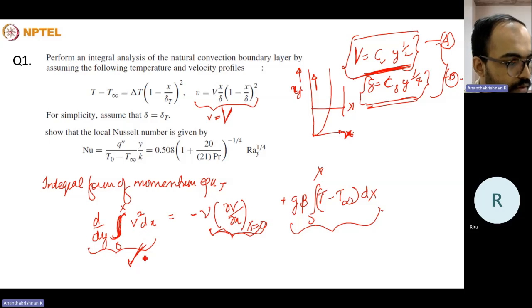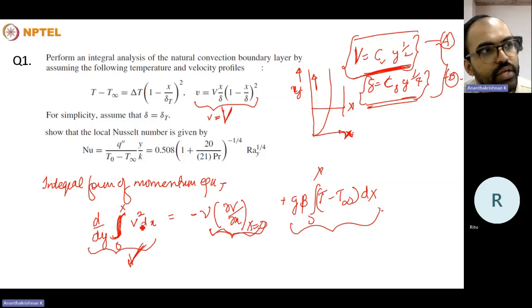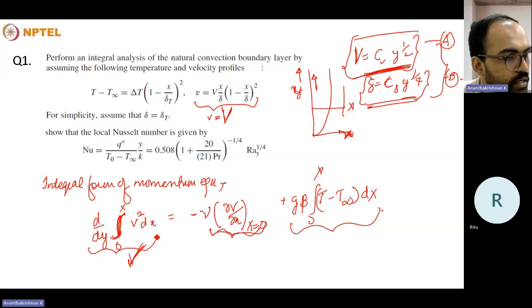We have seen how to obtain the v squared term: you multiply the continuity equation by v, add it to the momentum equation to arrive at this equation, then integrate and derive this form. That's why the square term comes into the picture. And then there is the viscosity term and the buoyancy term that is unique to natural convection. So the momentum equation has three parts.